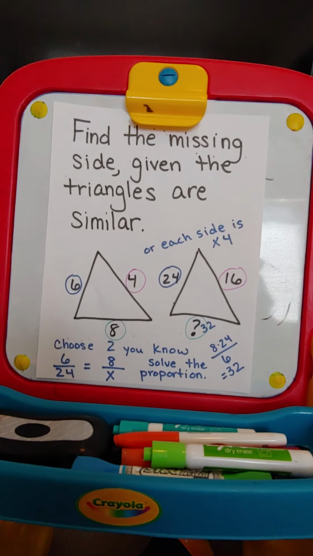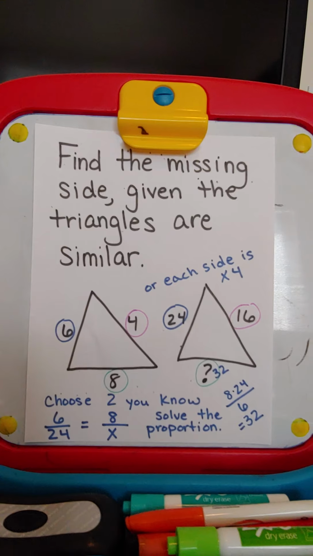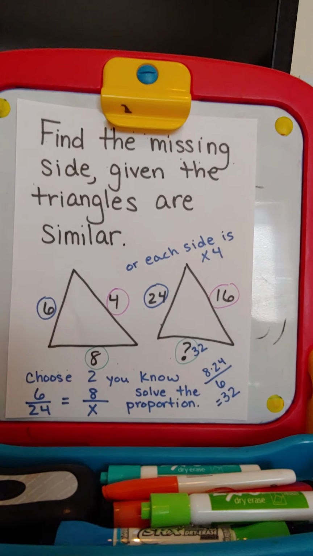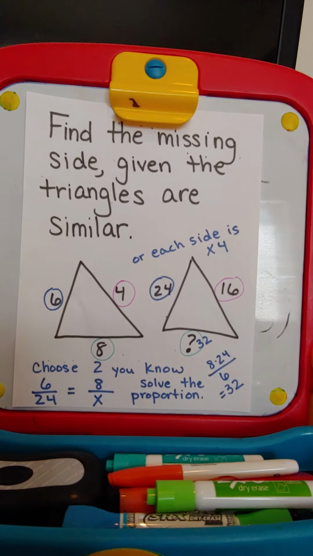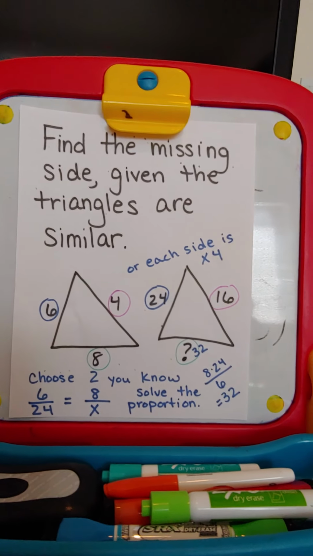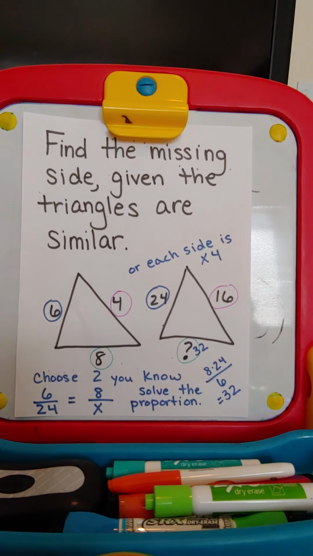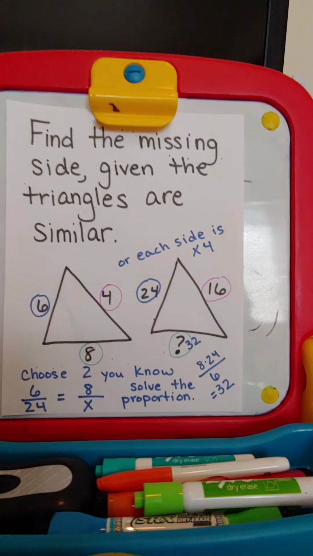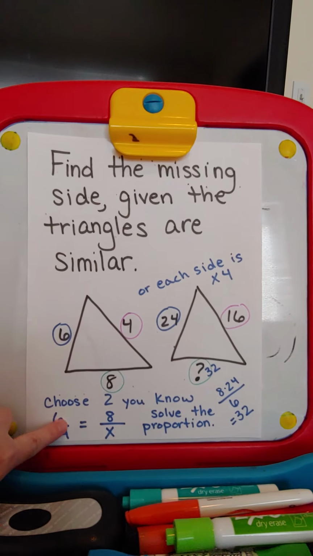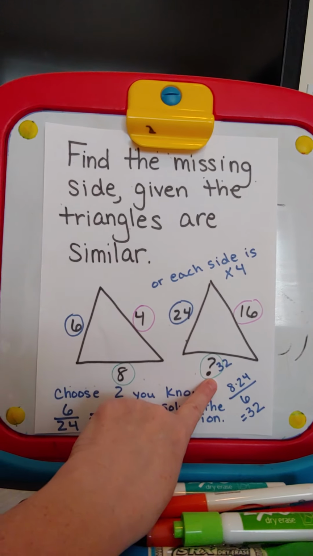And then on this one, they may ask you to find the missing side given the triangles are similar. So they're telling you these triangles are similar. We already know the angles are all equal. We don't need to know what they equal. That's not important. We can choose any pair that we know. So I chose 6 and 24, because I know that one, and then I'm going to set up the proportion with 8 over x.